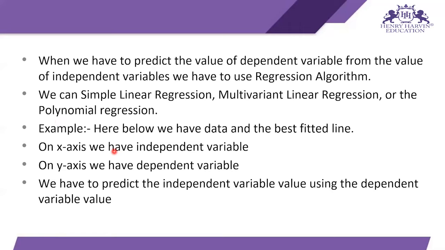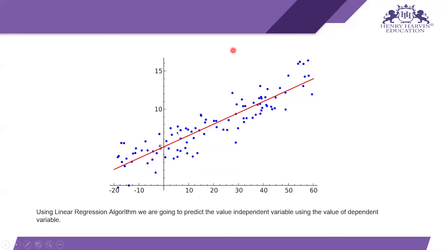For example, here below we have a data and the best fitted line. On the x-axis we have the independent variable, on the y-axis we have the dependent variable. We have to predict the y-axis value based on the x-axis value.